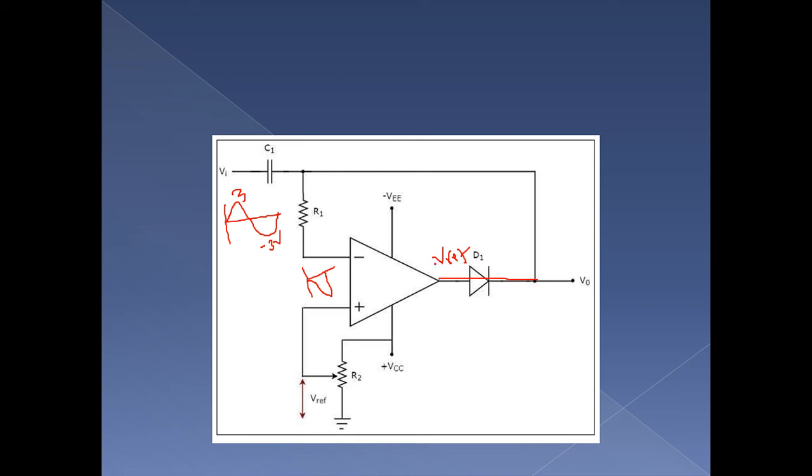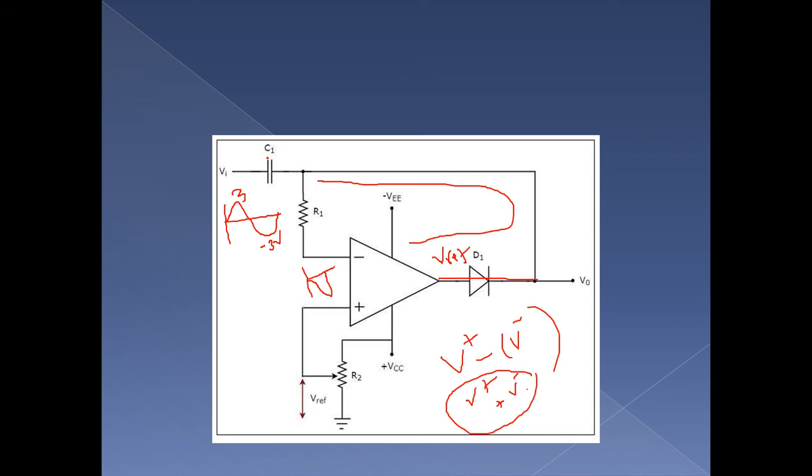We know the op-amp produces the difference of the two input signals, V plus minus V minus. Here the negative signal is at the inverting pin, so I will be getting a positive voltage at the output, and the diode will get forward biased.